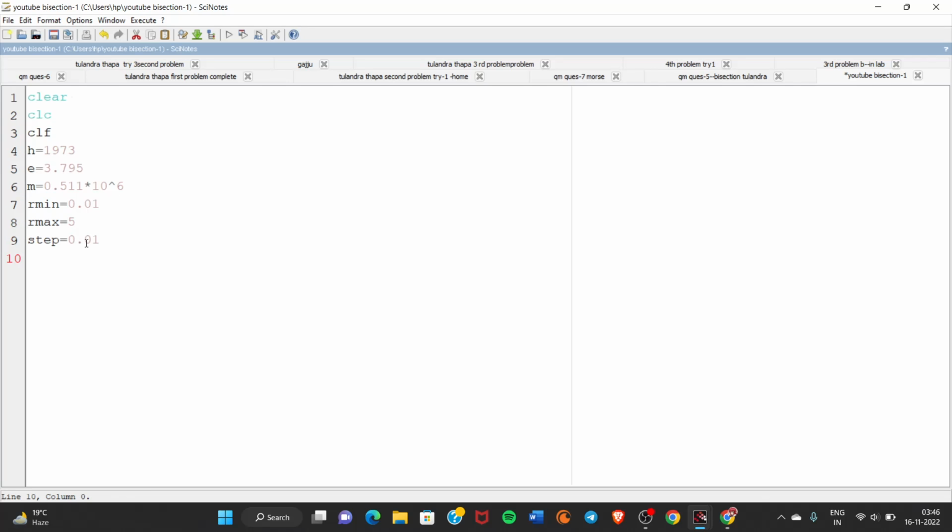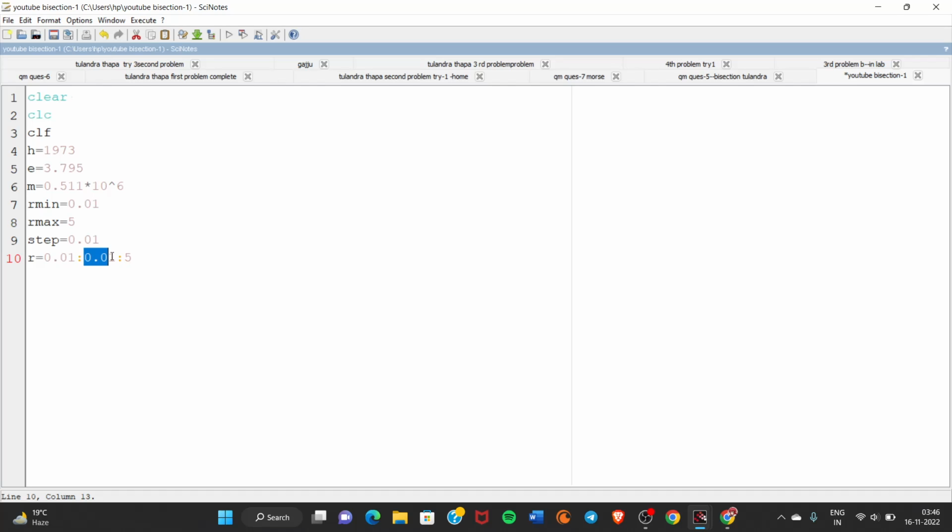Now how will we form a vector R, sorry, matrix R that has values from 0.01 to 5 with a step size of 0.01? We can simply make it using this syntax: 0.01, 0.01, and 5.